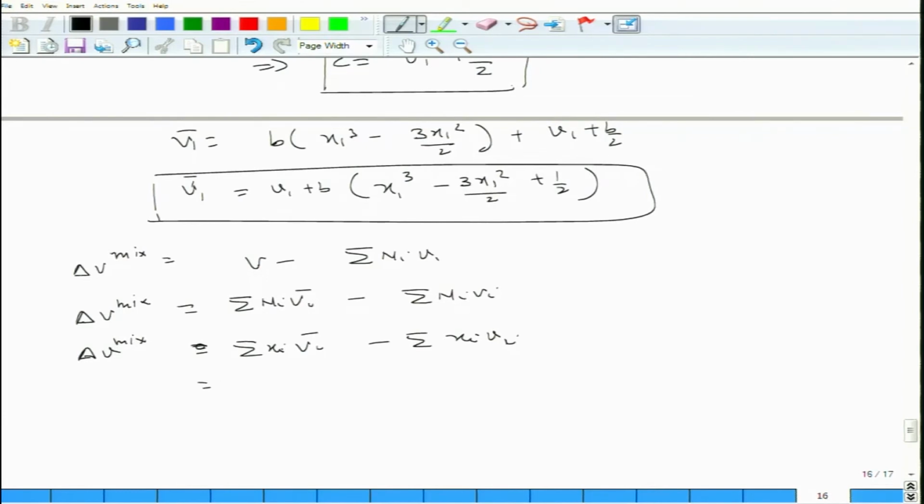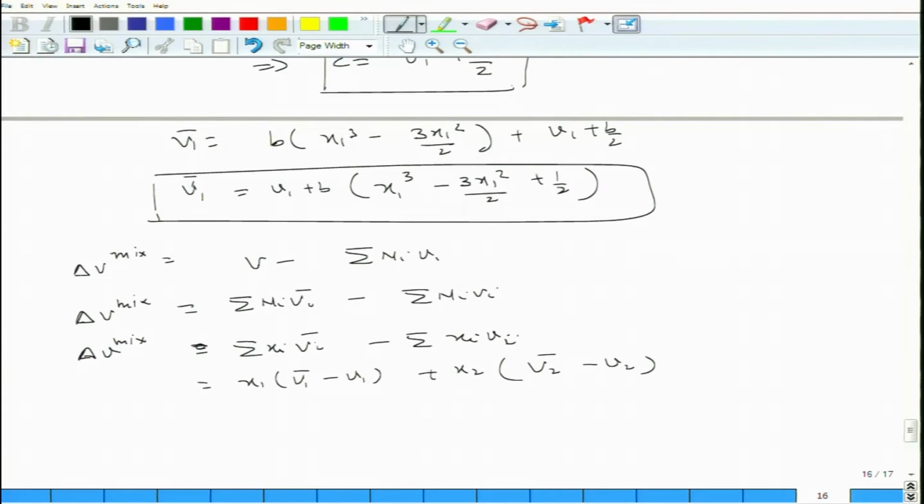Since this is a binary mixture, I can get x1 times V1 bar minus V1 plus x2 times V2 bar minus V2. This I can rearrange, this will be x1 V1 bar plus x2 V2 bar minus x1 small V1 plus x2 small V2.